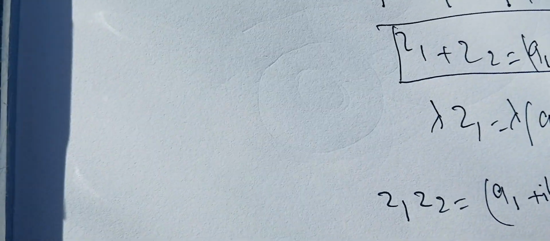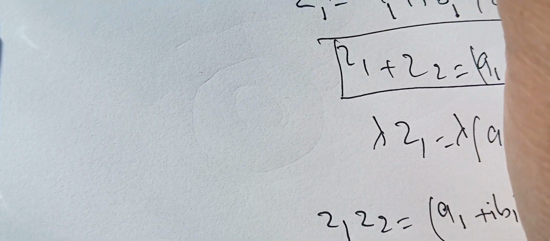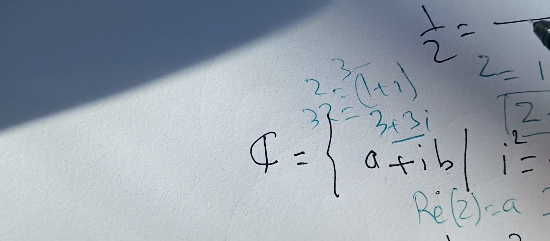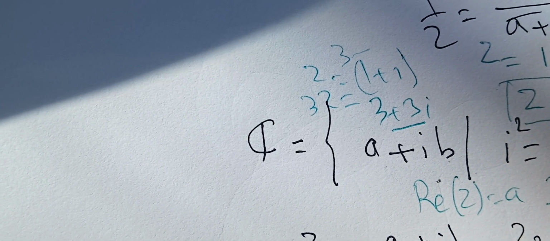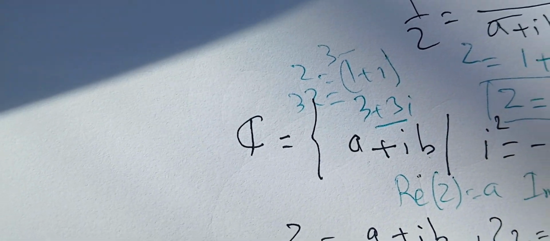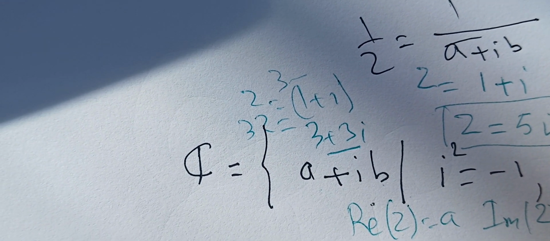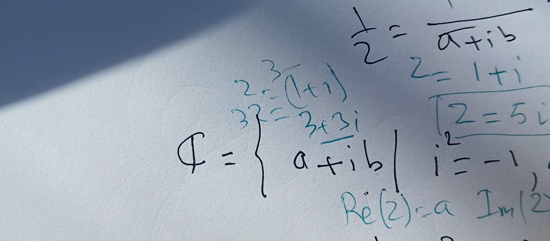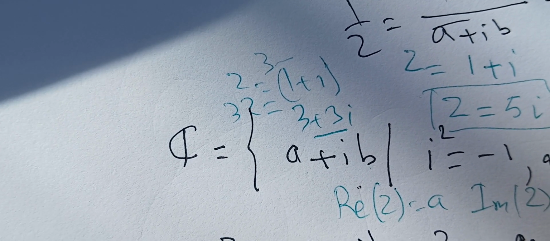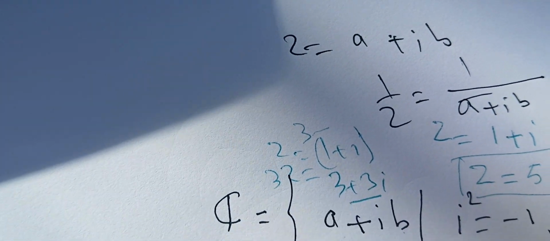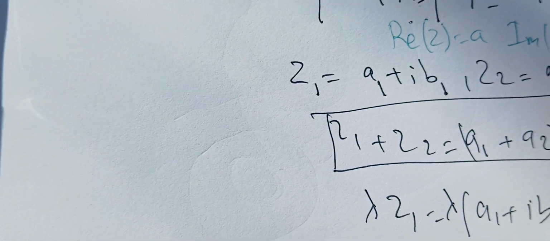Another one is that if we have z is, let's say, a plus ib, and we want to compute 1 over z. So 1 over z is 1 over a plus ib. You multiply the top and the bottom by a minus ib, over (a plus ib) times (a minus ib). This is the conjugate. So let's define this one as well.